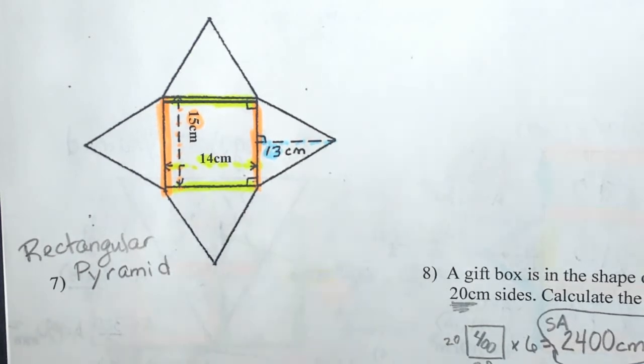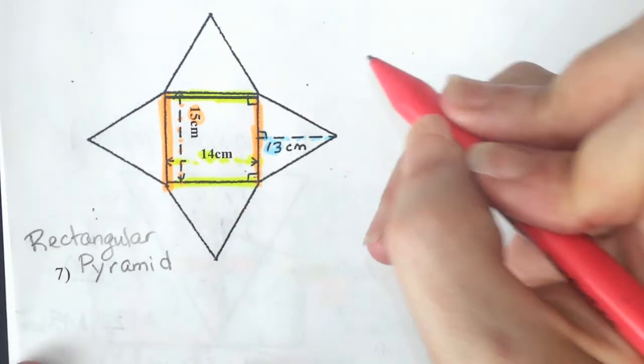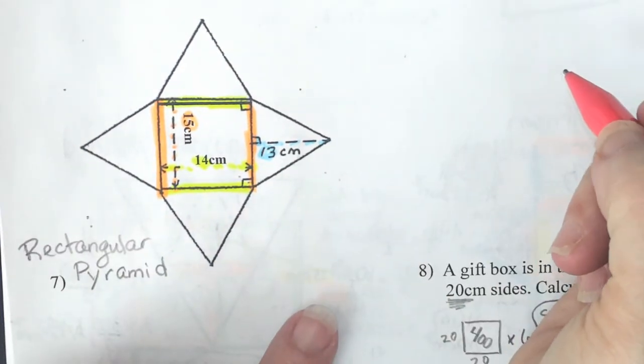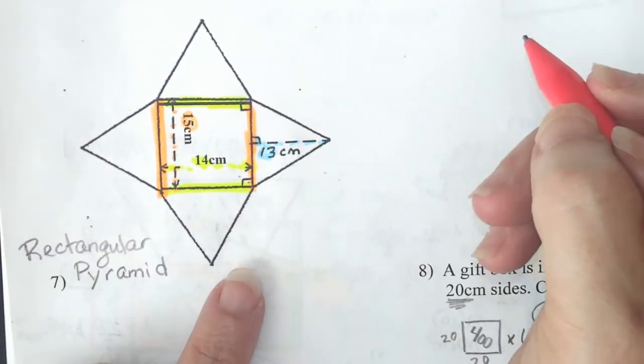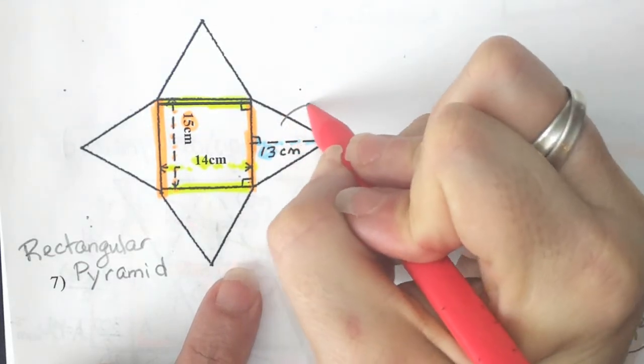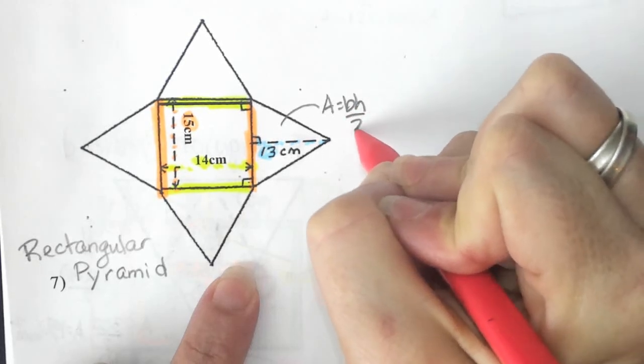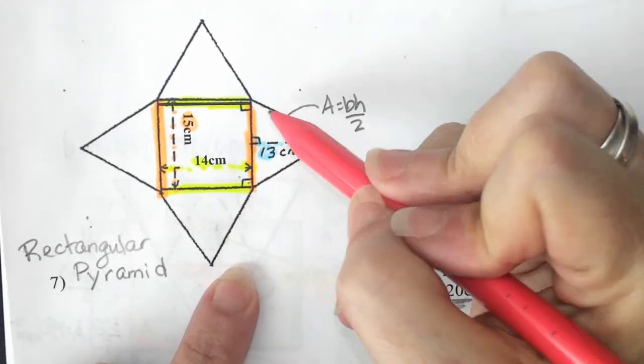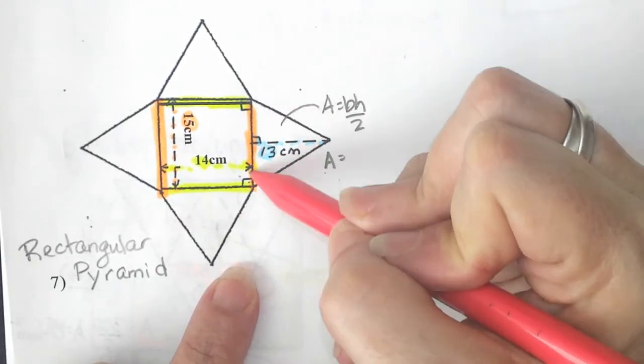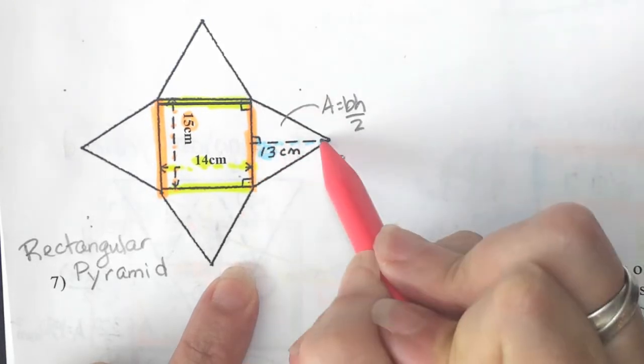I'm worried because some of you have gone ahead of me. I really hope you look at your work and check it, because this one's almost a trickier. Okay, if I do this triangle, the base of it is orange at 15, the height is 13.